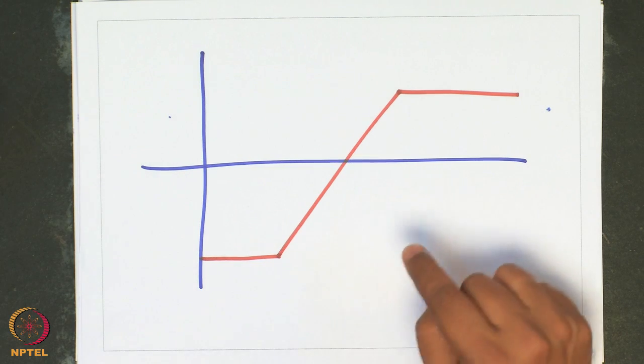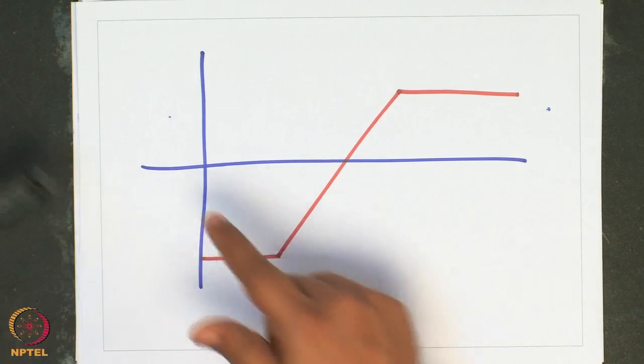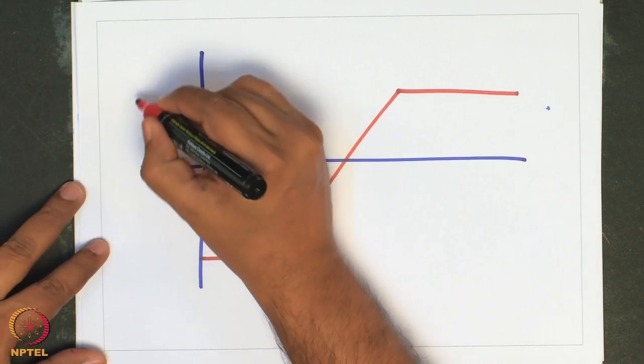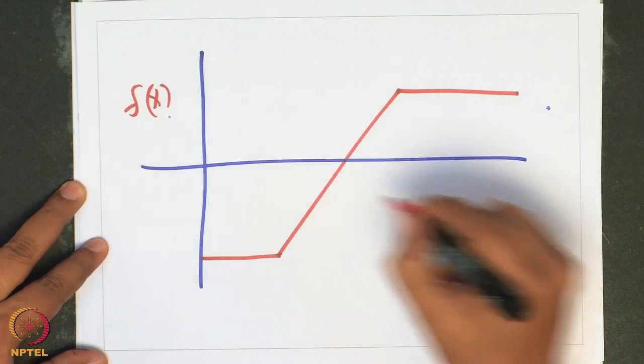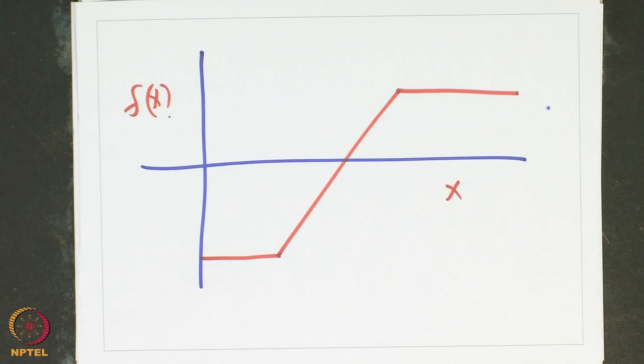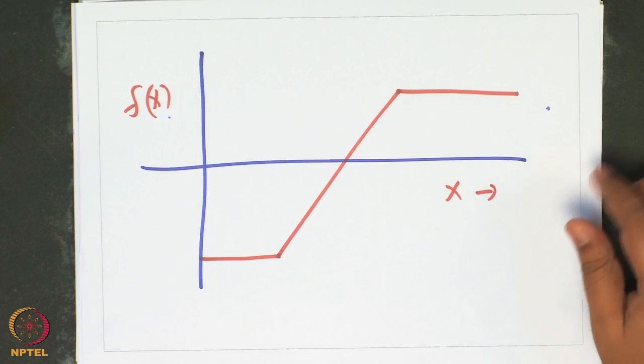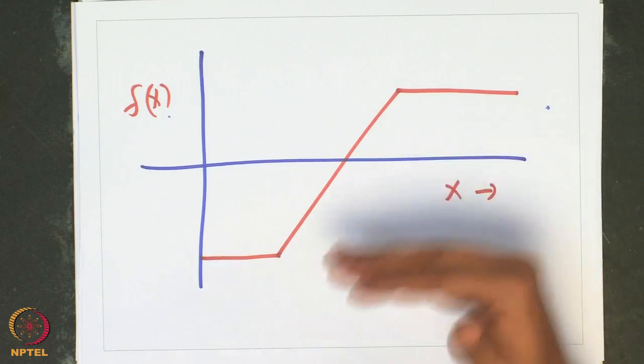If I have a function like this, what would be the derivative of this function? This is my f of x versus x. Can we inspect this and plot the derivative of this function? This is the question that we want to learn first. So, let us first think about it.